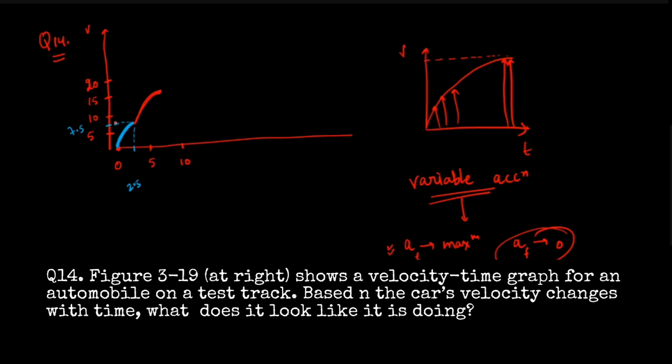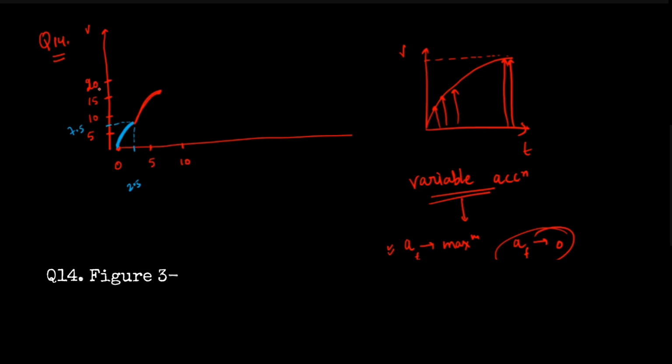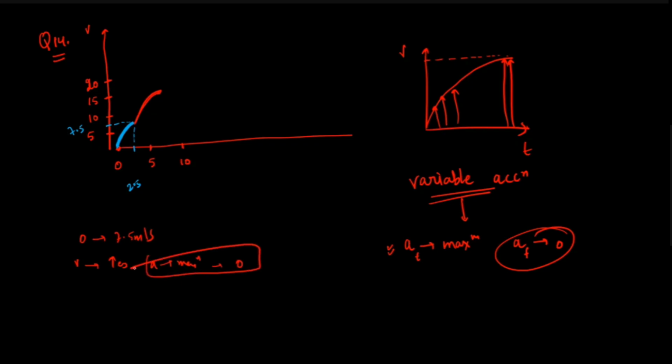So you just have to check it once. Don't look at the values, just try to understand. From 0 to 7.5 meters per second, its velocity increases in such a way that initially at t equals 0, acceleration was maximum, then it becomes 0. So in the first section, it has some variable acceleration.